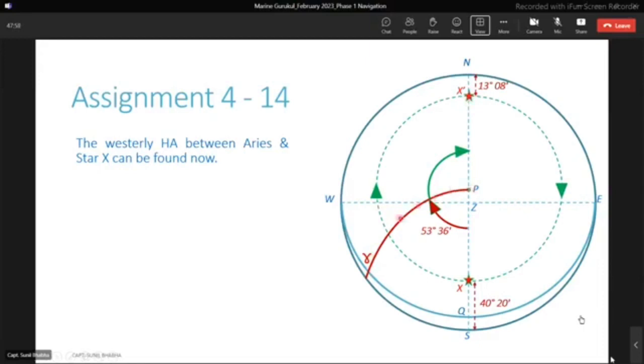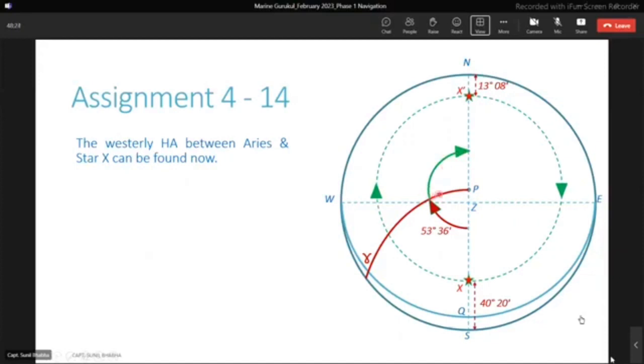So Aries is at this particular location, the celestial meridian of Aries represented by P Aries, and the star is on this particular celestial meridian, represented by PX dash N. Now we can easily measure this particular angle, the green color angle in the diagram.